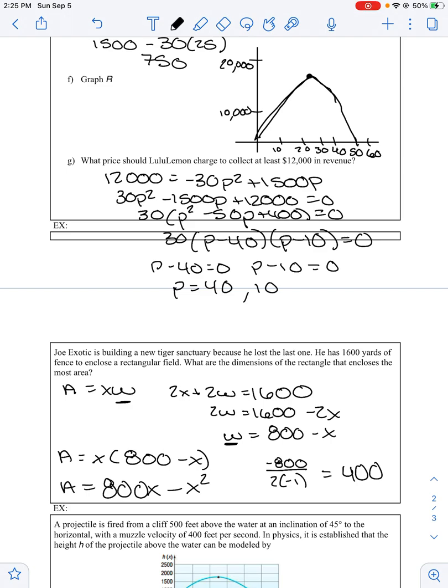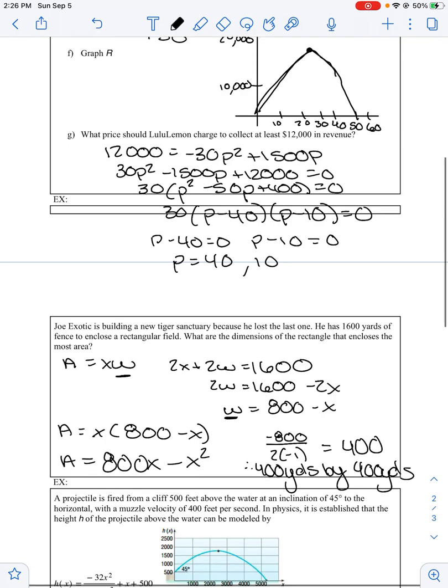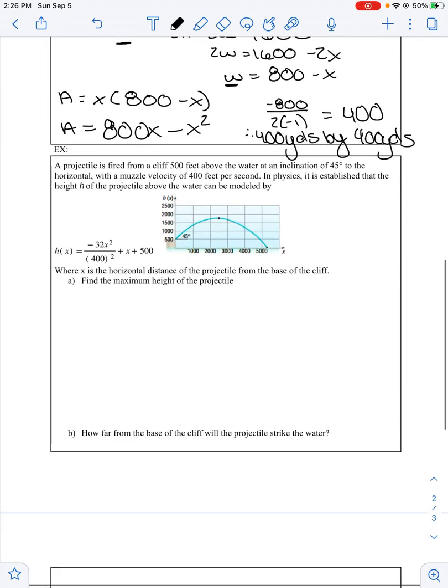And if you plug that into our perimeter formula, you would get that the width is also 400. So therefore, 400 yards by 400 yards encloses the most area.